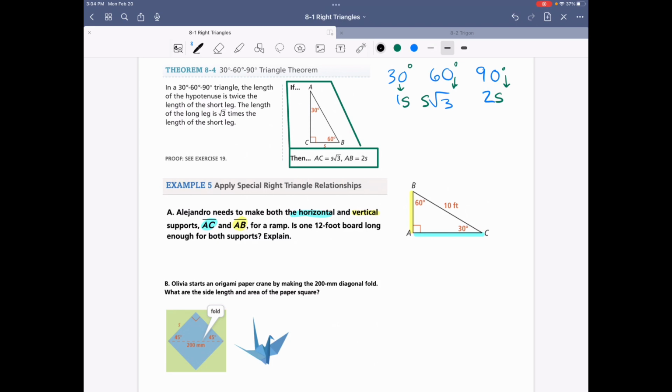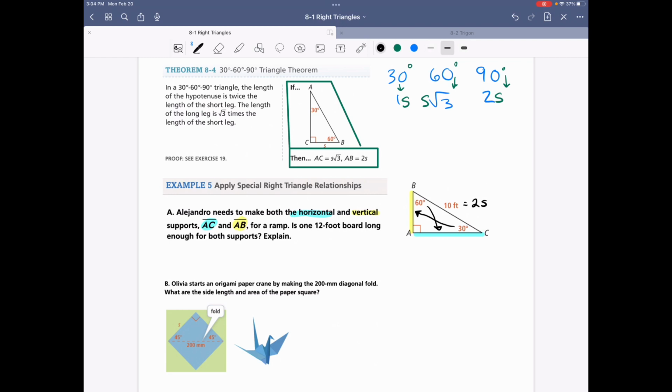So we would need to figure out what the 30 piece would be and what the 60 piece would be. And we know that 10 is equal to 2s, right? Because it's a 30, 60, 90, 1 root 3 and 2 is the hypotenuse. So 2s is equal to 10 feet.